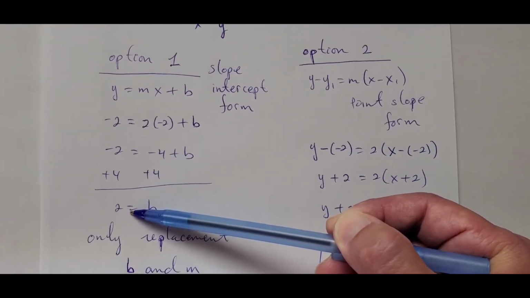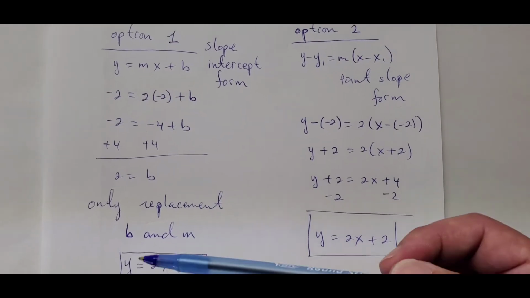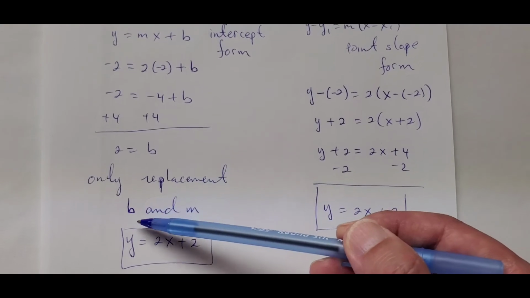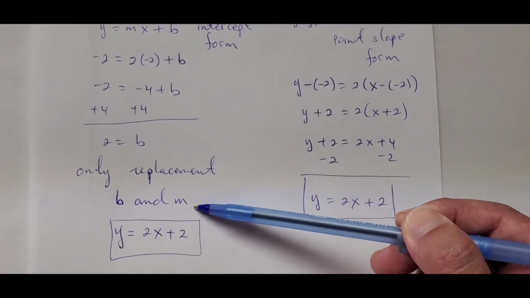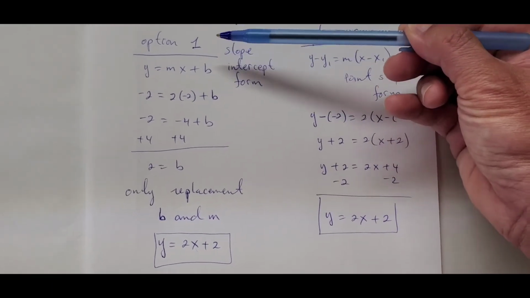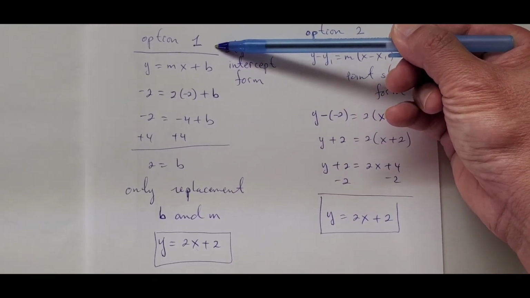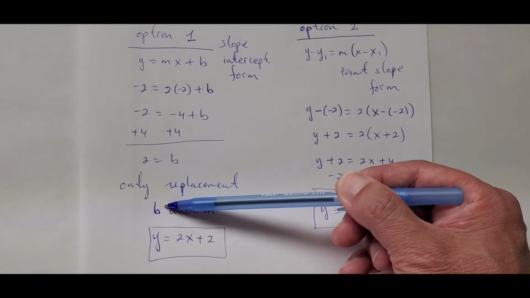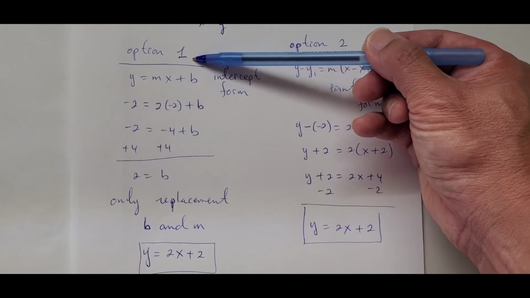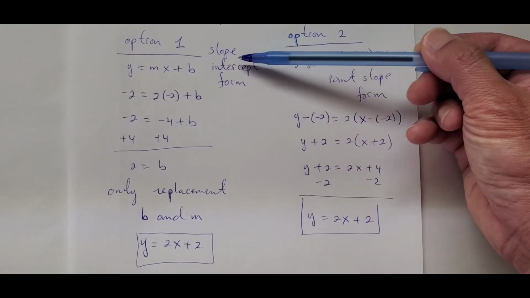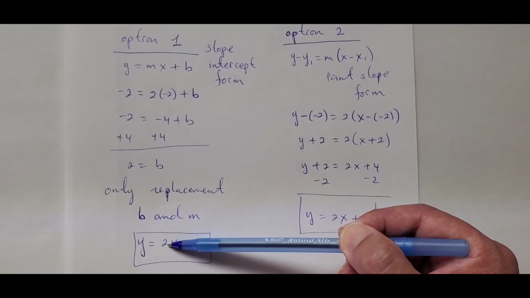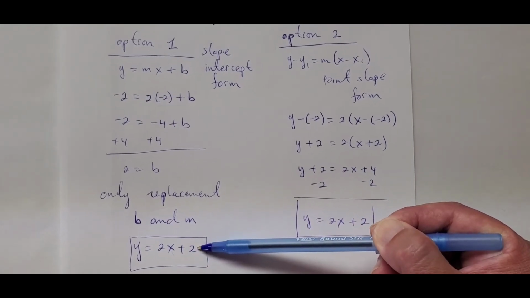Now once you're done, you will only replace the letter B and the letter M. One more time, if you use option 1, which is called slope intercept form, you will substitute the M and the B only.